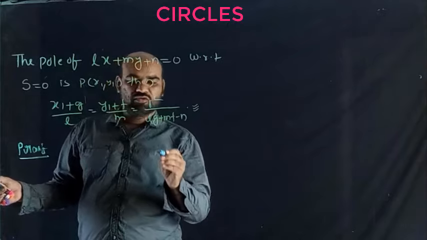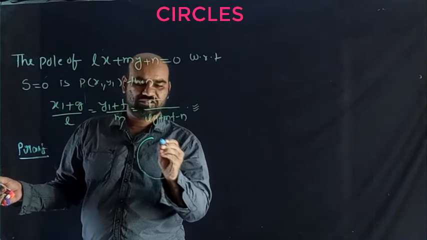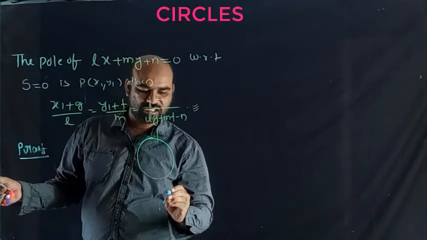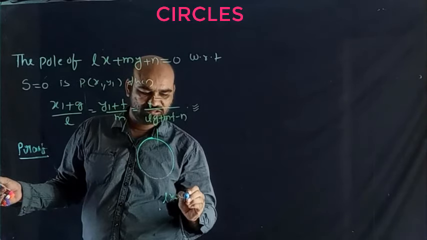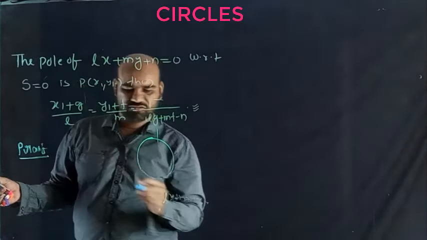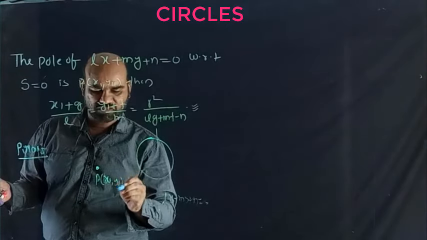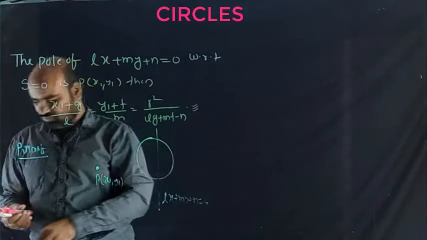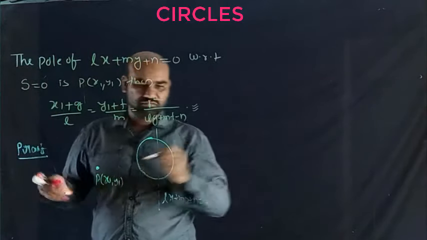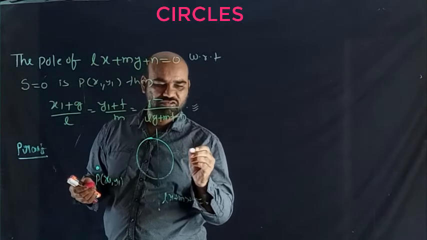Proof. The circle is given, S equal to 0, and the line is Lx plus My plus N equal to 0. This point is taken as (x1, y1).